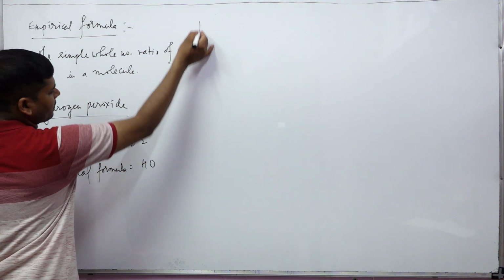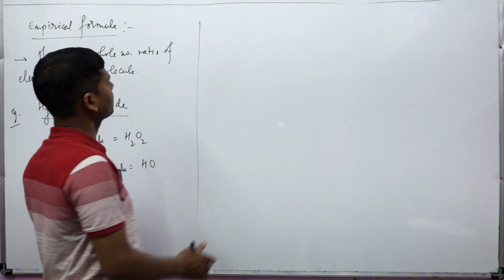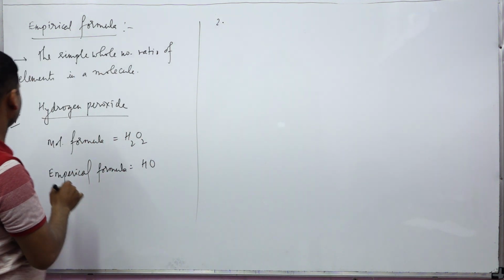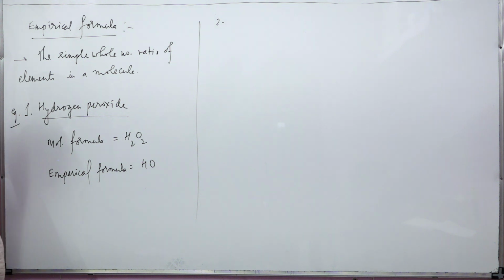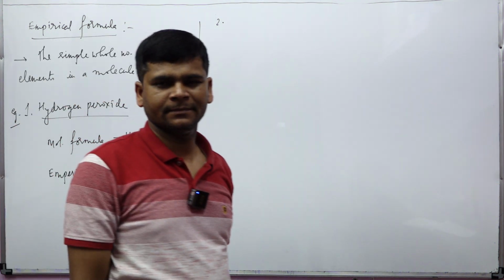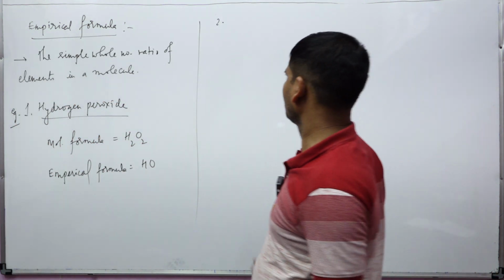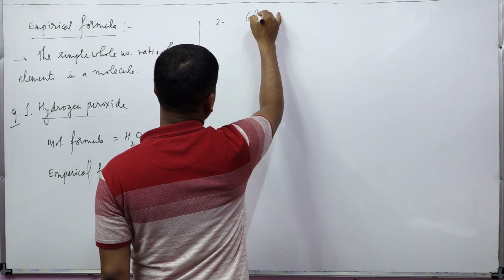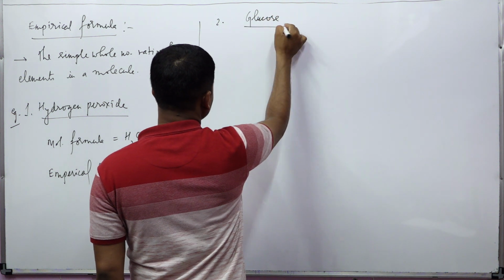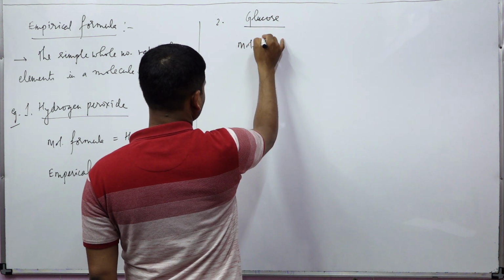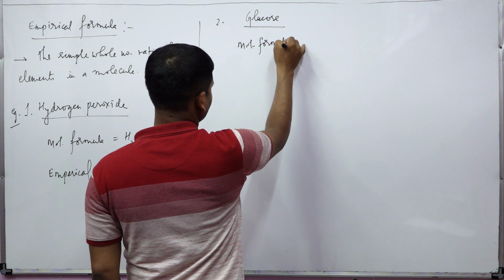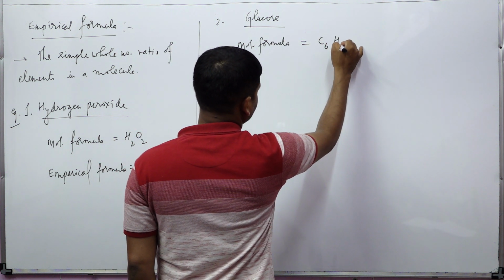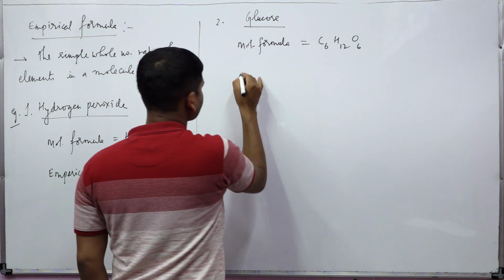Similarly, you can take one more example to understand. Let us take second example, consider this one as the first example. Here we will take glucose. Glucose molecular formula is C6H12O6.